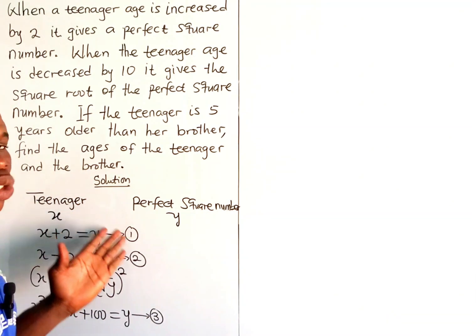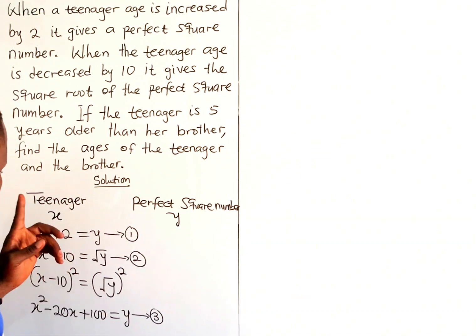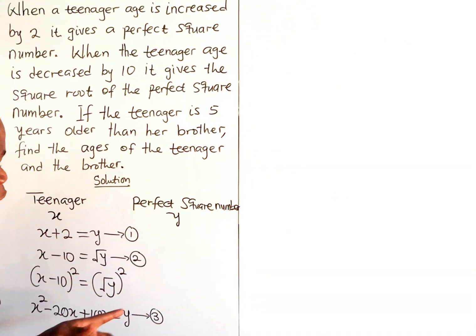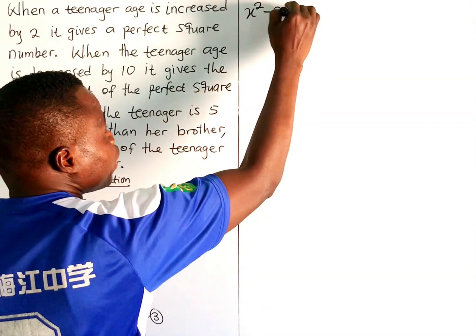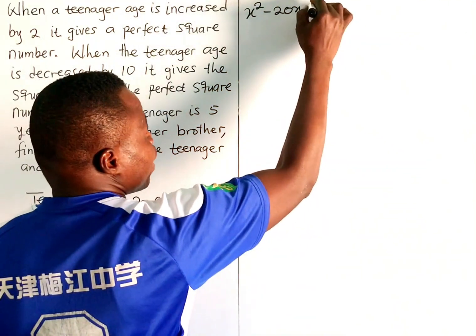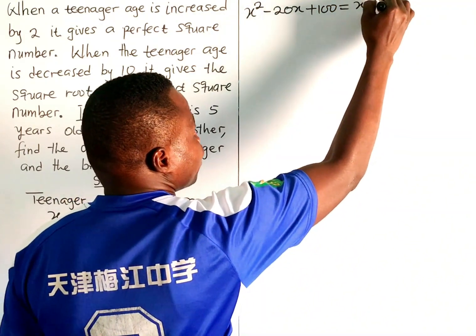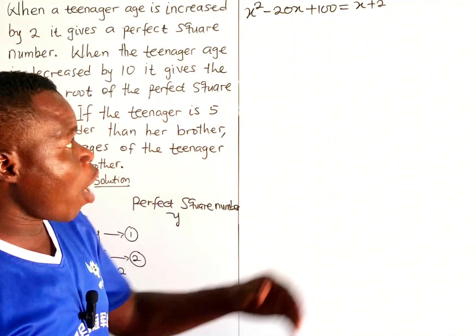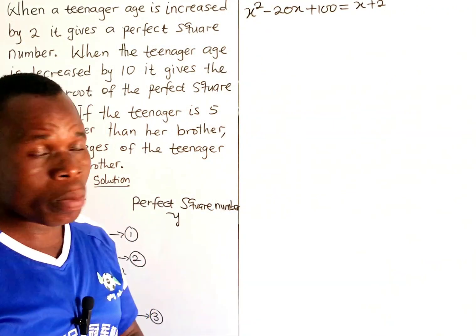I can now solve equation 1 and equation 3 by using substitution. That is, wherever I see y in equation 3, I'm substituting x plus 2, because in equation 1, y is equal to x plus 2. So in that case, I will have x squared minus 20x plus 100 is equal to x plus 2. And this time around, I'll bring x plus 2 to the left-hand side, leaving the right-hand side to be equal to 0.